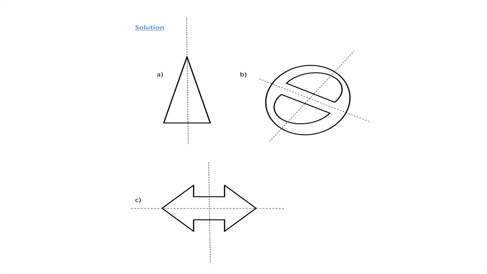Look at the semicircles in the middle. The double arrow also has two lines of symmetry. I hope this makes it easy for you to identify lines of symmetry, order of rotational symmetry, and whether a shape has point symmetry or not.